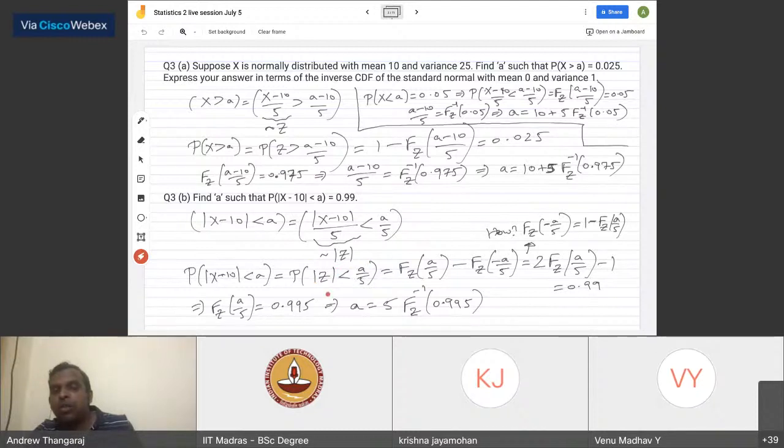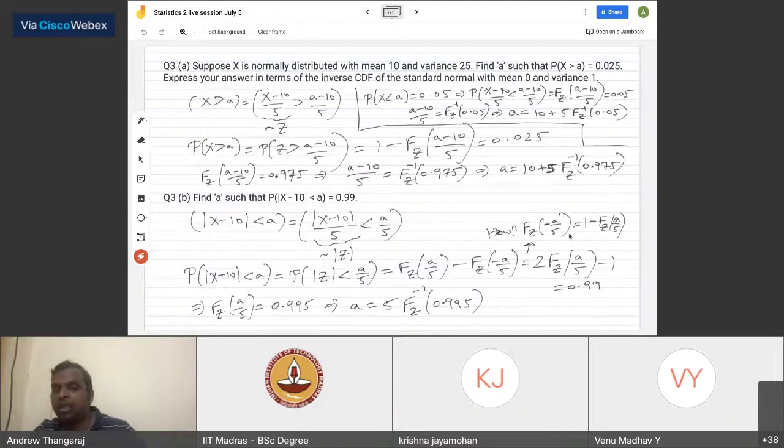What is the absolute value of Z less than a by 5? Z is between minus a by 5 and plus a by 5. And that is just Fz of a by 5 minus Fz of minus a by 5. Okay. We are not yet fully done here. Here you have to use symmetry. Notice how I use symmetry here. It's sort of like a multi-step problem. If you do it patiently, sequentially, you'll get it. So Fc of minus a by 5, I'm going to write as 1 minus Fc of a by 5, right?